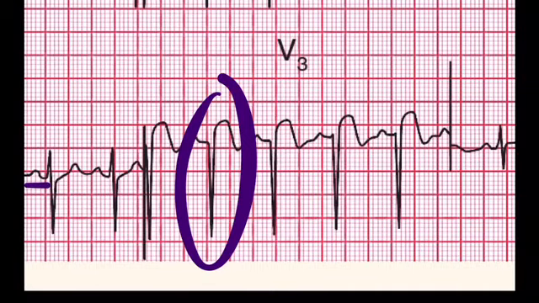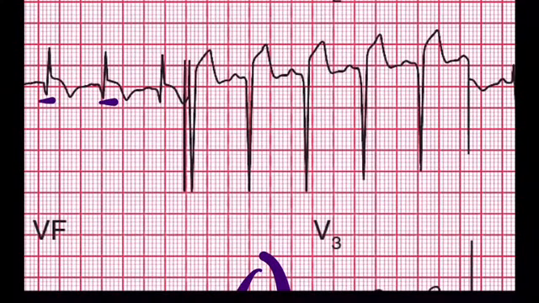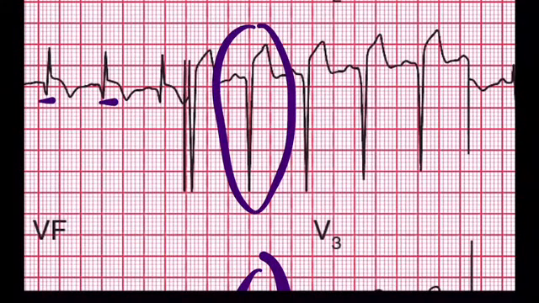Everything is messed up. That is showing us that an anterior lateral infarction is present there. After this, let's talk about the next ECG.